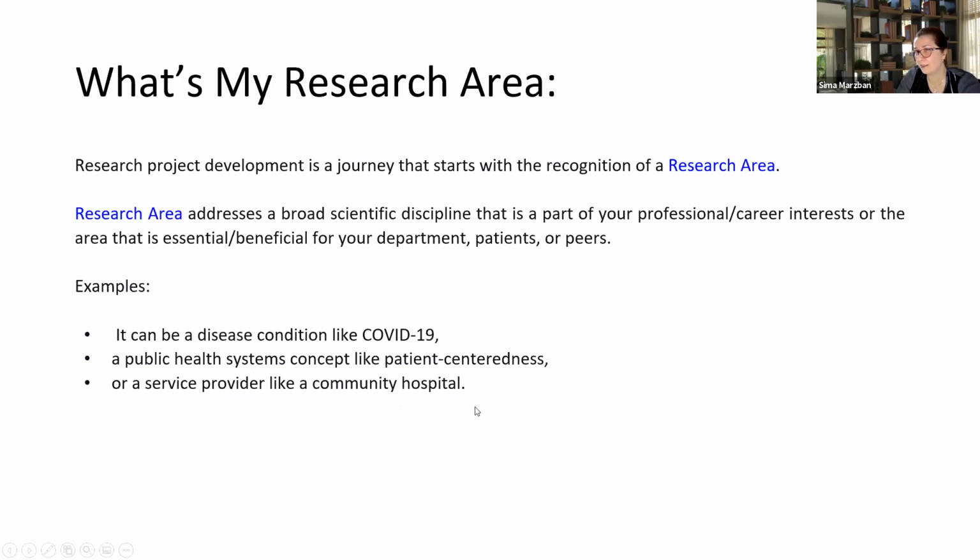If you are working with a clinical research organization and you would like to do some research about how to improve the process of clinical research, how to improve the ethical consideration of clinical research, how to improve the administrative process in your organization. So you can focus on the organization, on your location, on your service provider, or you can focus on a concept, or you can focus on a disease condition.